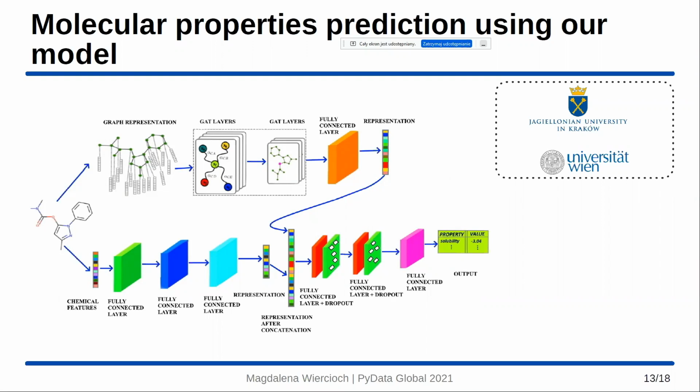compound. The first block models a molecule as an undirected graph, and the idea is to treat a molecule as a graph with nodes corresponding to atoms and edges corresponding to bonds, and of course to learn a molecular representation.